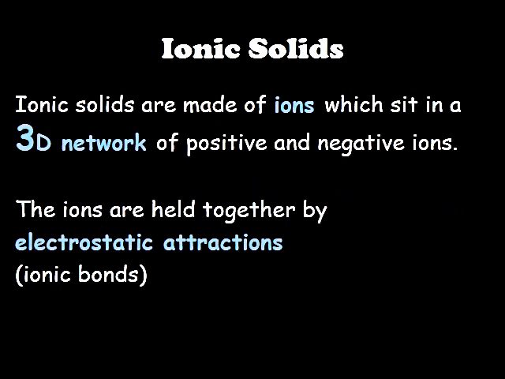Ionic solids are made of ions which sit in a three-dimensional network of positive and negative ions, a matrix, I could say. The ions themselves are held together by electrostatic attractions, ionic bonds. You have a positive cation and a negative anion, and because they are oppositely charged, they attract each other and form this electrostatic attraction.